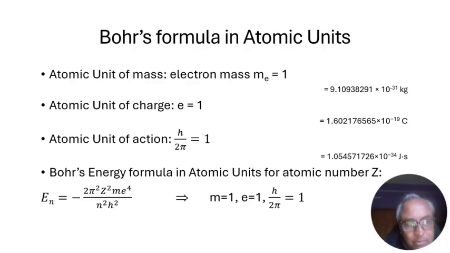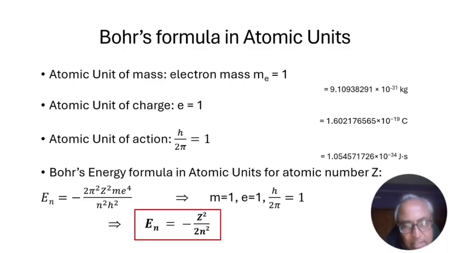And using these, Bohr's energy formula in atomic units, that is by putting m equal to 1, e equal to 1, h by 2 pi equal to 1, for atomic number z, works out as En is equal to minus z squared by 2n squared.